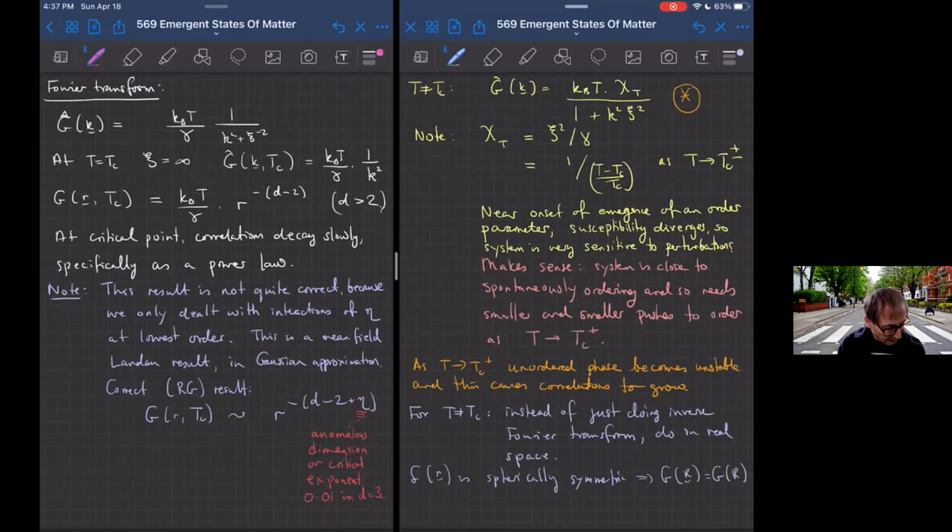It's going to be spherically symmetric. And so the idea is that we can decompose the Helmholtz equation in spherical polars. So that's exactly what we're going to do.